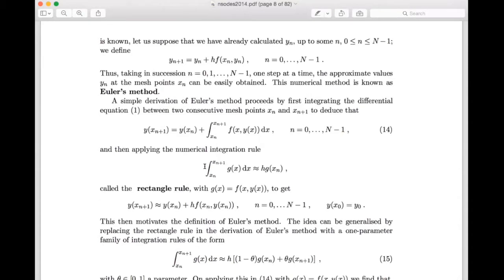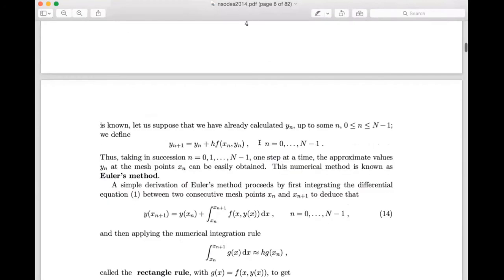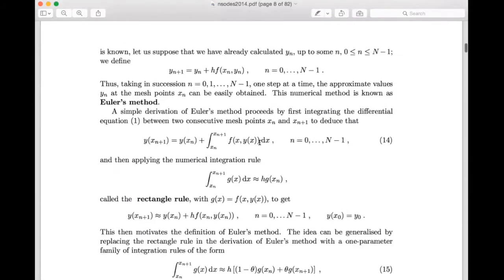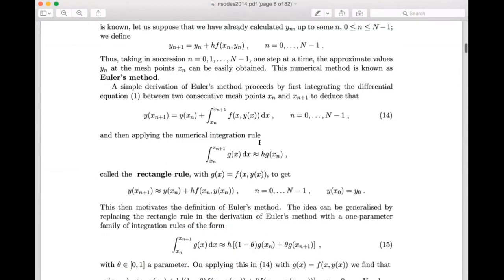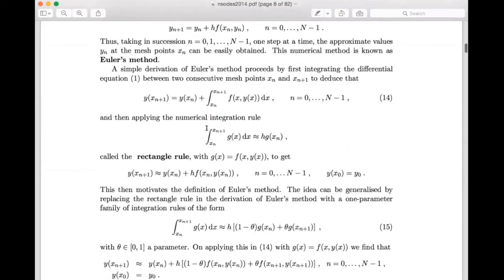Is this cursor visible to you, ma'am? Yes, sir, the cursor is visible. Sir, I have one question. Is this from some book or your own notes? It's not my notes. They are basically notes made by Professor Andre Suli, a professor at Oxford. Can we get them?